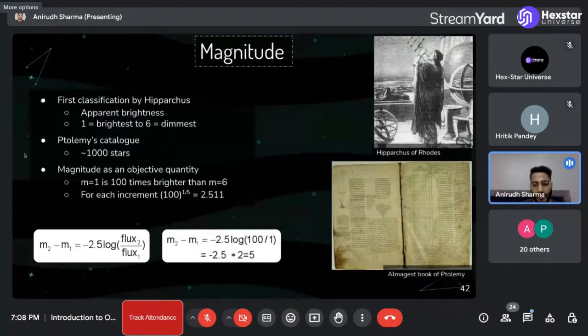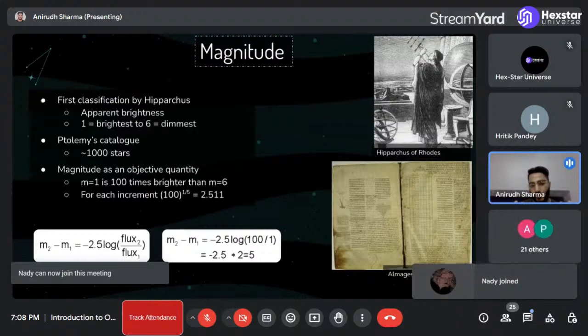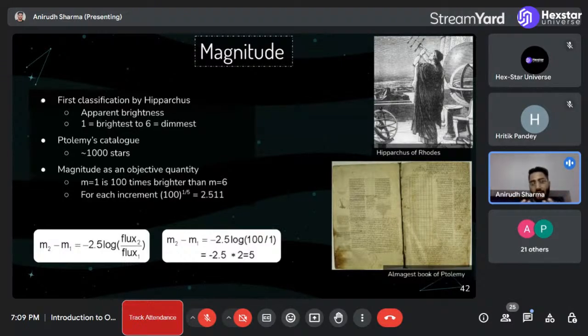So his catalog was a little bit incomplete, and he told us basically about the magnitude of brightness of an object. So in layman's terms, magnitude is simply how bright a star is, but when we do physics we quantify stuff, and to quantify it, one object of magnitude 1.